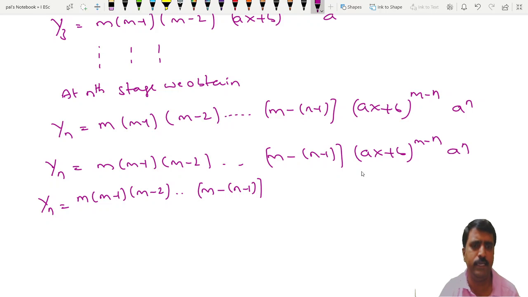If you want to write one more, what is the next factor after m minus n minus 1?